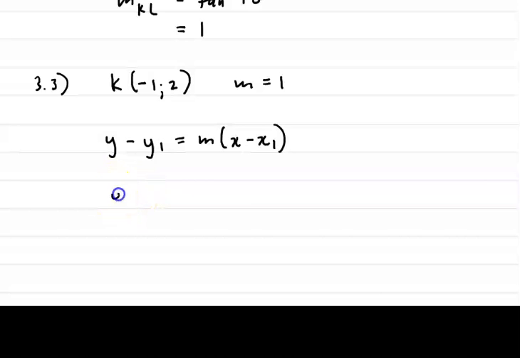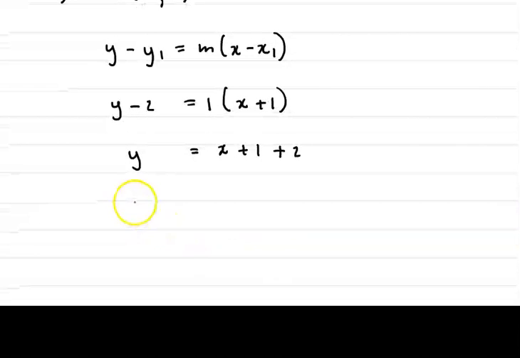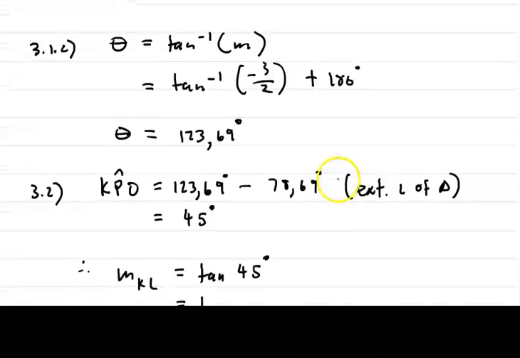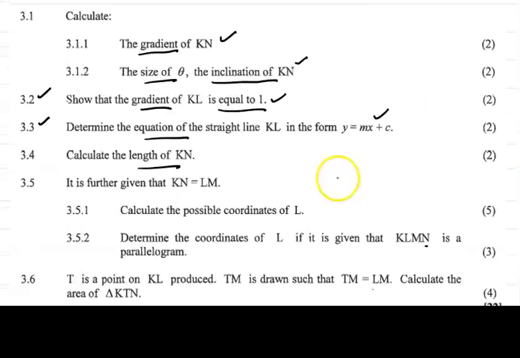So y minus 2 equals m, which is 1, into x minus minus 1, which is plus 1. Therefore, y equals, when we open the brackets, x plus 1, and then minus 2 taken to the right-hand side becomes plus 2. So therefore, y equals x plus 3. So that's the equation of our line KL.